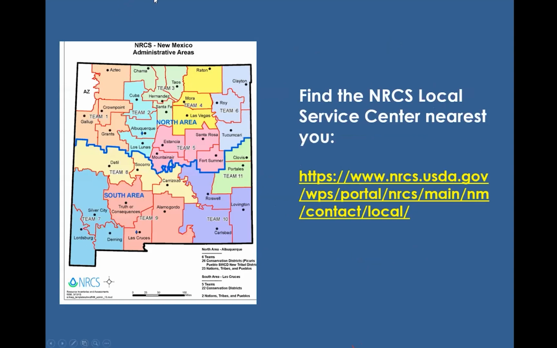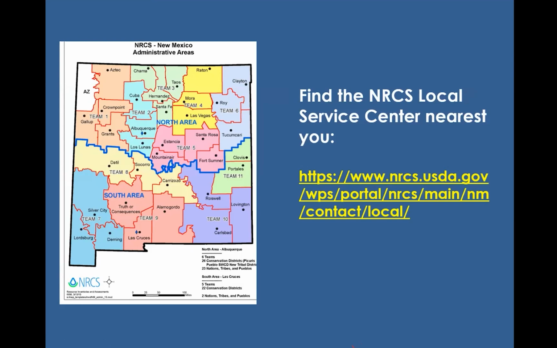So this is how we in New Mexico are divided up. We're divided into a north and south area, as you can see on this map. Each of the areas has an area office, one in Las Cruces, one here in Albuquerque. And then within those areas, we have what we call teams. New Mexico has a total of 11 teams. In each team, you'll have a district conservationist that, for example, covers an entire team. Within that team, they'll have conservation planners.